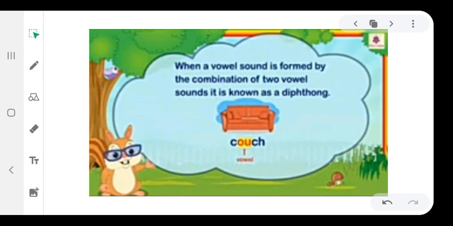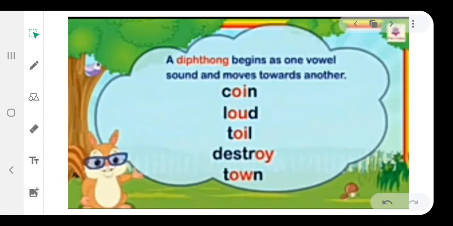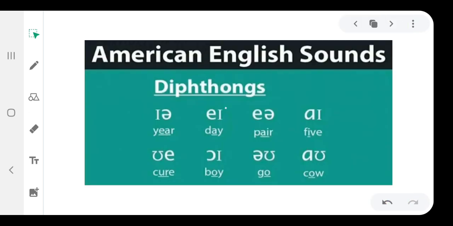In another way, a diphthong begins as one vowel sound and moves towards another. For example, coin, cloud, toil, destroy, town. There are 8 diphthongs: AW, AU, EW, OO, OI, OY, OW, and OU.